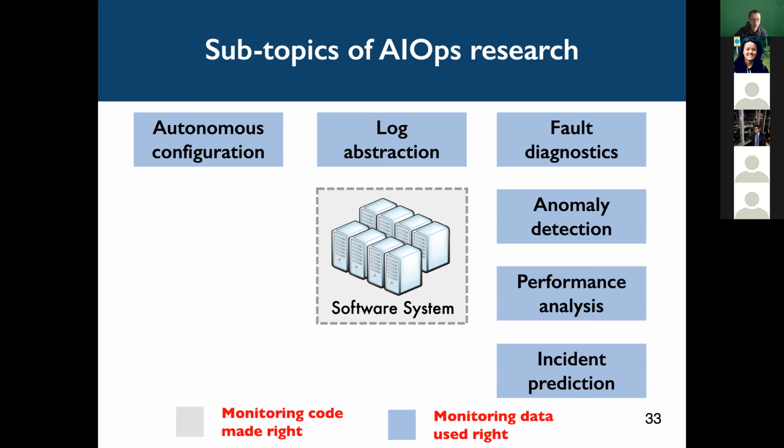Incident prediction is to predict future incidents. System comprehension is to leverage the monitoring data to understand the behavior of the system, to understand what is expected. So when there's something unexpected, we know there's something wrong.